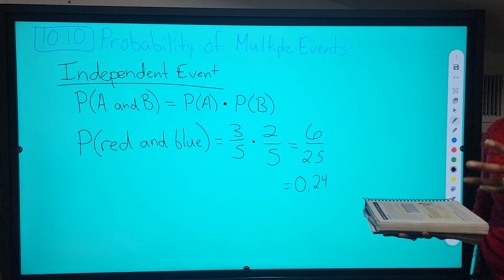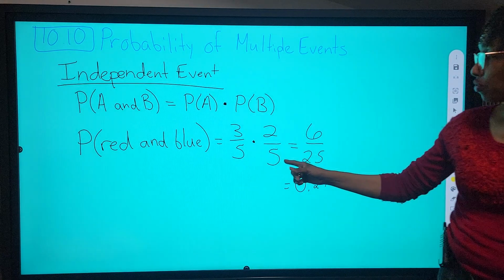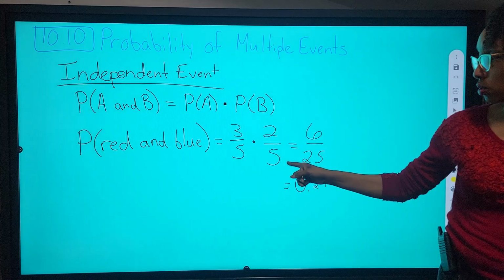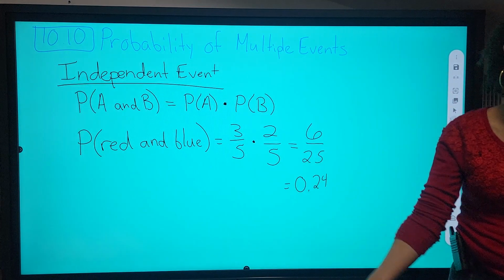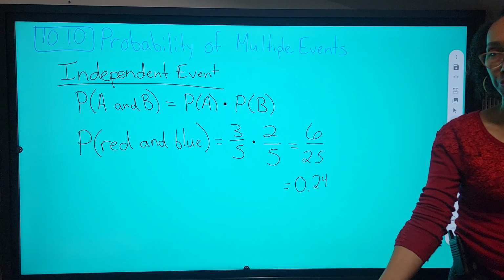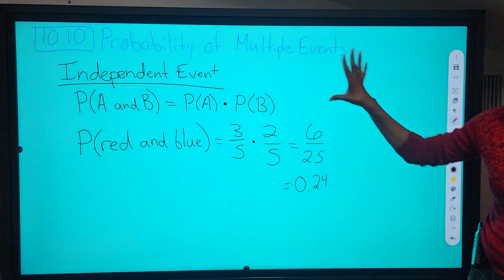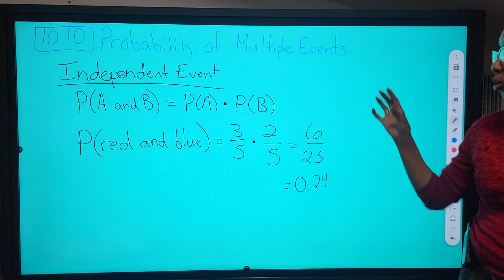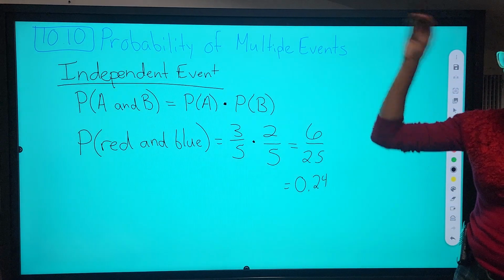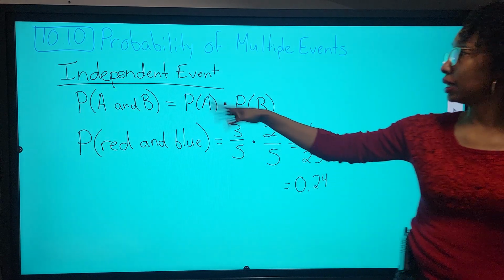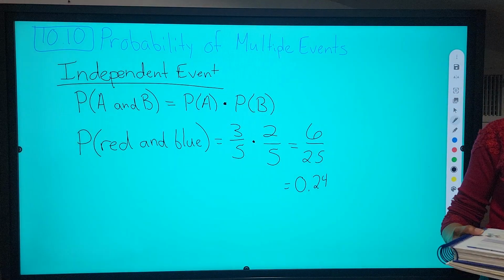So they're going to say it just like that. If they want you to do it this way, where the same number of marbles are there for each time, they're going to have to tell you that it's been put back in the bag, that it's been replaced. Okay? So that is independent events where the marble or the event is being put back in, meaning they are completely independent of each other.